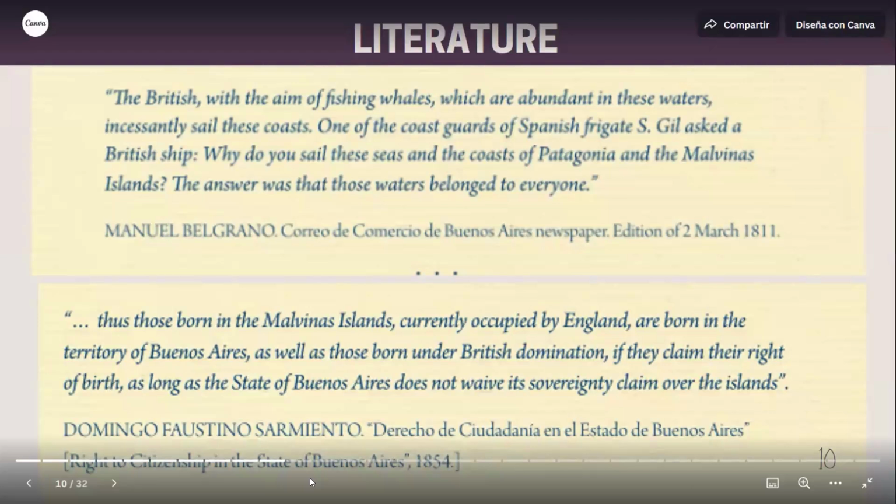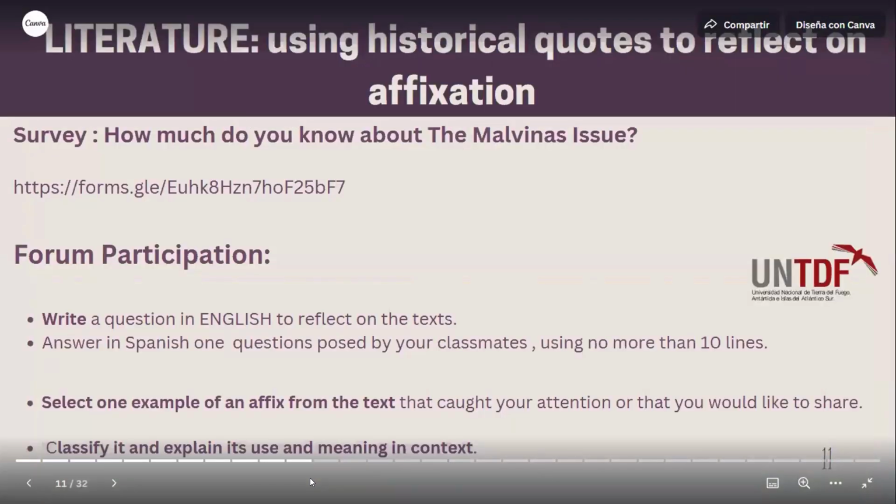So these are historical, real texts from Manuel Belgrano, from Faustino Sarmiento on the issue of Malvinas, and that is the text from where students would work with literature and also with language, right? Okay, that is the type of exercise, right?